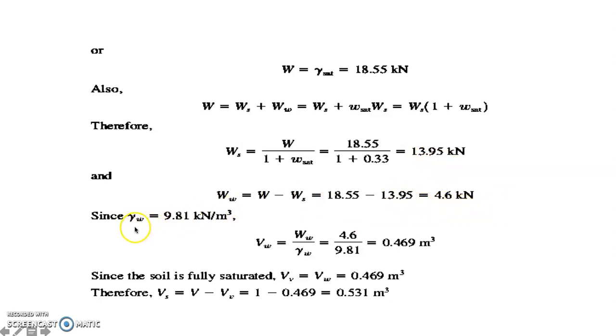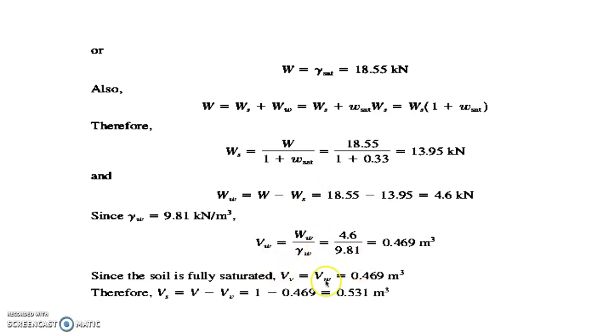Since we are given the unit weight of the water, of course, that is 9.81 kilonewton per cubic meter, we can have this expression: the unit weight of the water is equal to the weight of the water over the volume of the water.